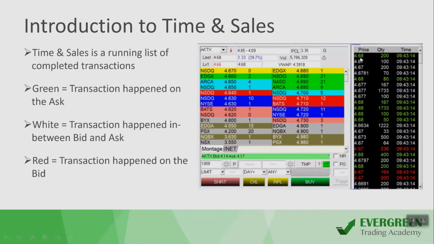As opposed to level 2, where people are wanting to buy shares and wanting to sell shares, time and sales is completed transactions. Two people have come together, made an agreement on price, and exchanged shares. As you can see, it's split into some columns. You've got the price that the transaction happened at, the quantity of shares that was traded, and of course the time.